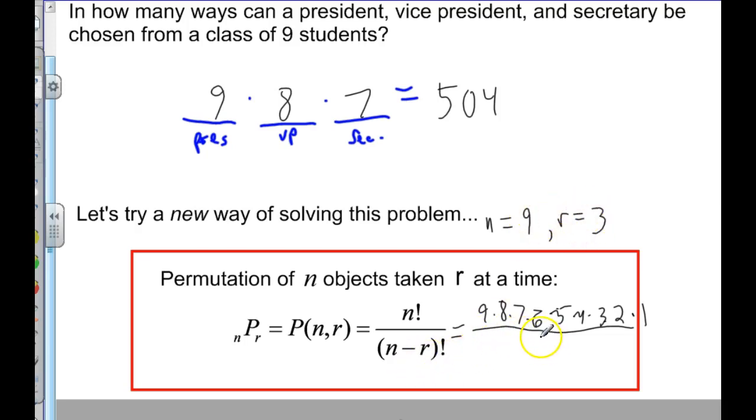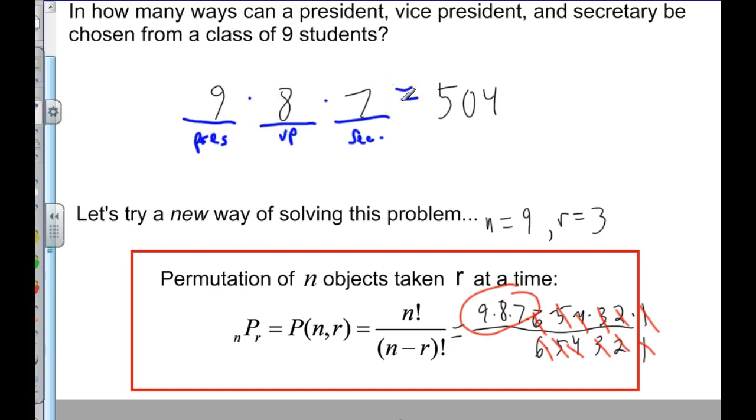So 6 factorial down here would be 6 times 5 times 4 times 3 times 2 times 1. If we cancel out here, we see that the 6's cancel, the 5's, the 4's, the 3's, the 2's, and 1 over 1 is just 1. We're left with 9 times 8 times 7, which is the same problem we got up here.